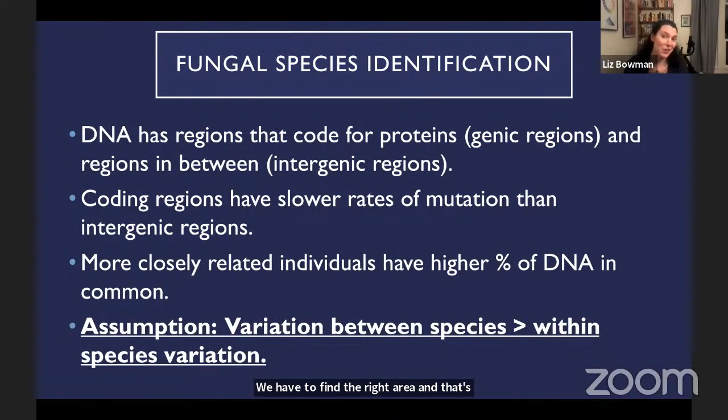This is based on a pretty big assumption, which for most cases is safe, but sometimes isn't, and that's variation between species. The variation between us and dogs is greater than what we would find between myself and my sister or myself and my children. So within species, that's most of the time the case, but there are always exceptions. There are no absolutes in science.